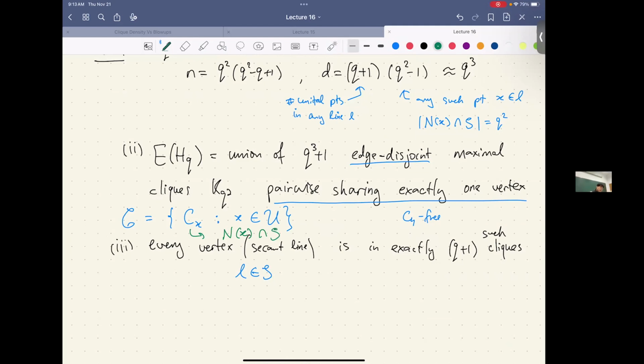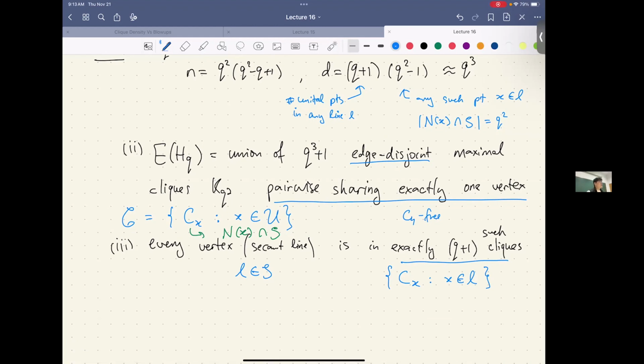This neighborhood you make into a clique. Now, for every secant line, the number of cliques containing this line is exactly Cx, where x lies in L.